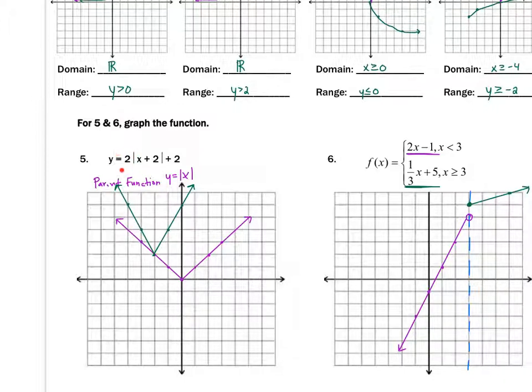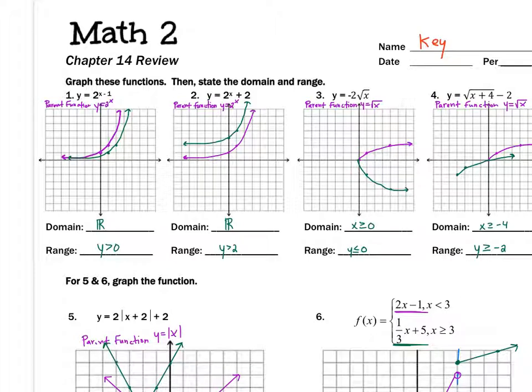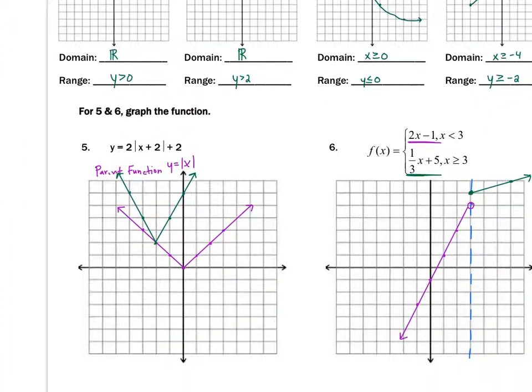All right, the 2 out in front, the same as the 2 out in front on number 3, well, -2 in that case. We multiplied all the y values by -2. Well, now we're just going to multiply all of the y values by +2. So instead of going right 1, up 1, that y value here was 1, I'm going to multiply that by 2.